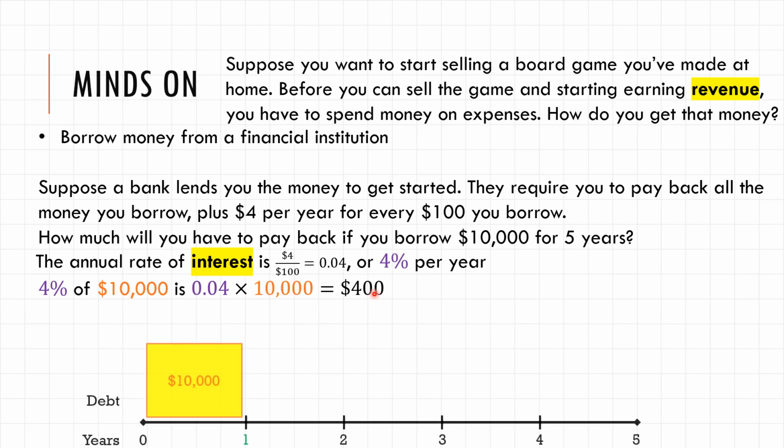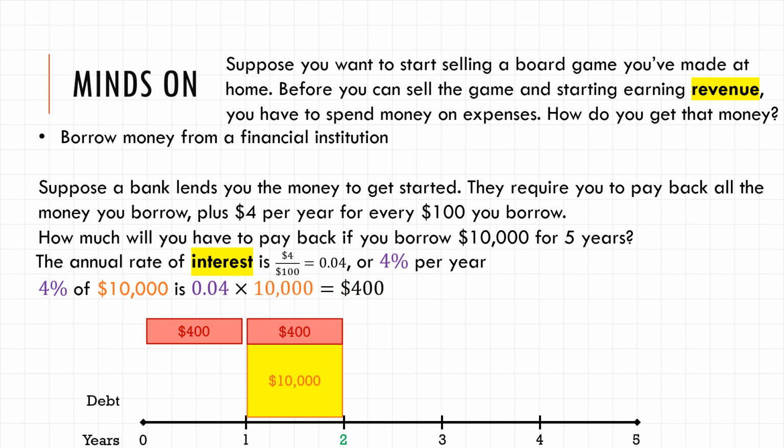That means that if this is our timeline, in year 0 we borrow $10,000, and we need to pay back $400 for that year, 4% of 10,000. In the next year, we still have this debt outstanding, so we need to pay a fee, the interest of $400.